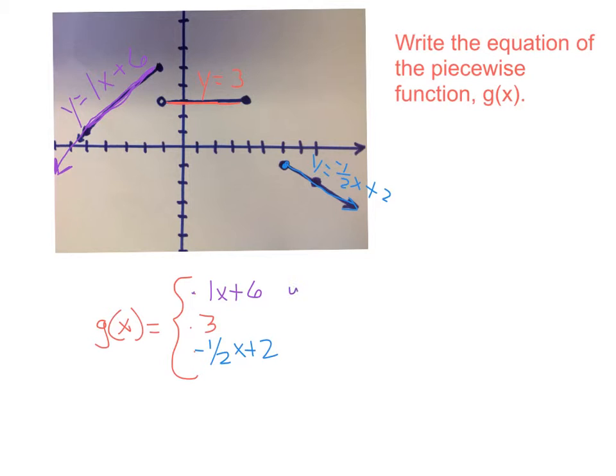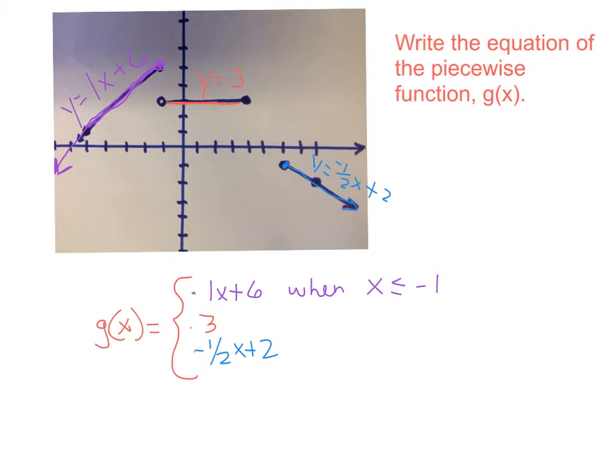So I'm going to say when, in this case, my domain of this purple section is everything up to and including negative 1. I'm going to write this as an inequality: x is less than or equal to negative 1.